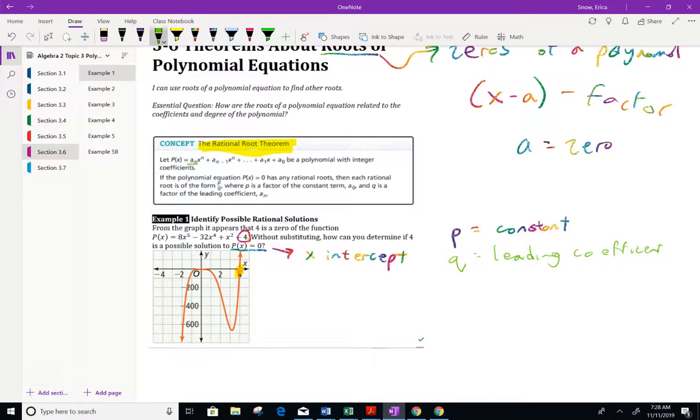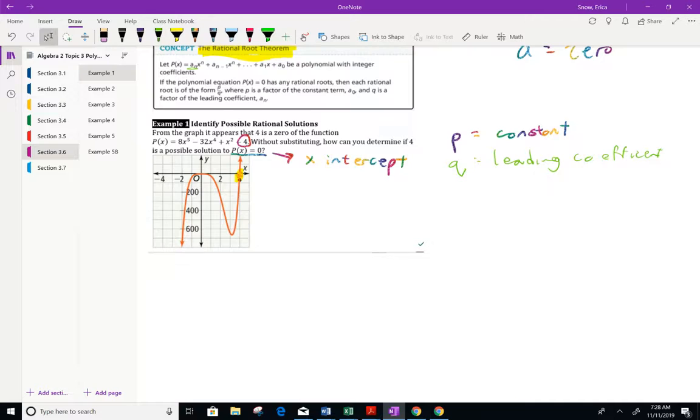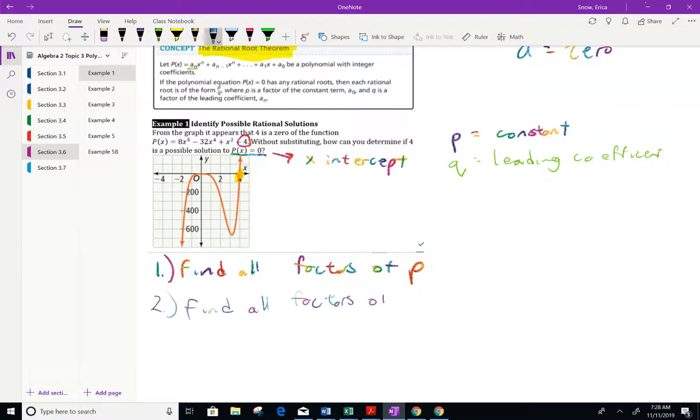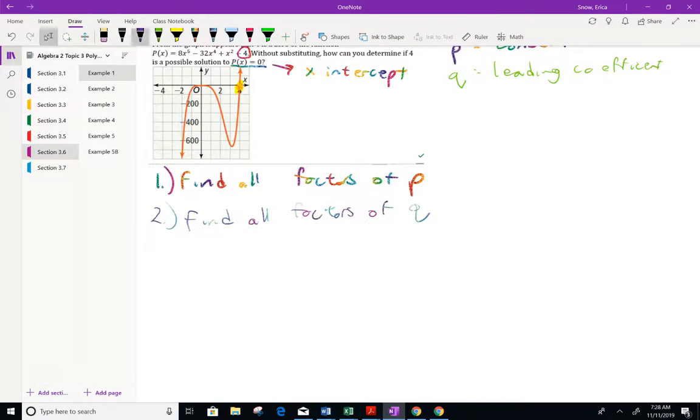And we'll find all the factors of p. So the process for using the rational root theorem is find all factors of p, and then you're going to find all the factors of q, and then you're going to look at all the combinations of p divided by q.